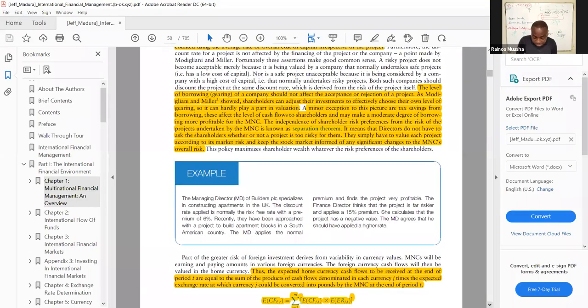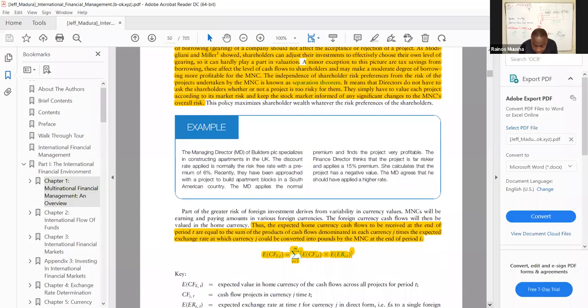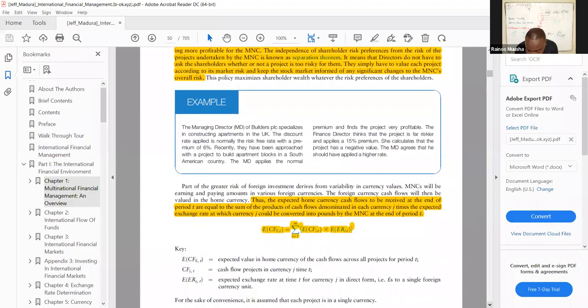So this means, thus, the expected home currency cash flows that can be received at the end of the period T are equal to the sum of the products of cash flows denominated in each currency times the expected exchange rate at which currency J could be converted into pounds. Remember here, the textbook is based in the UK, so in most cases, when you look at these examples, the domestic currency is presumed to be what?